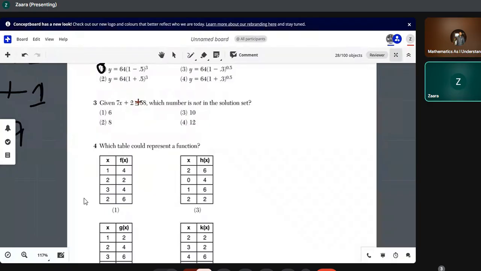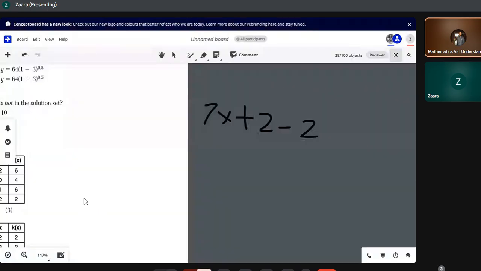So this and this, you get 0. All you're left with over here, you get 56. Then all you're left with is just 7x greater than or equal to 56.